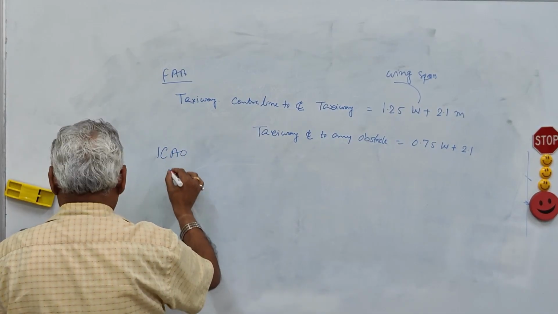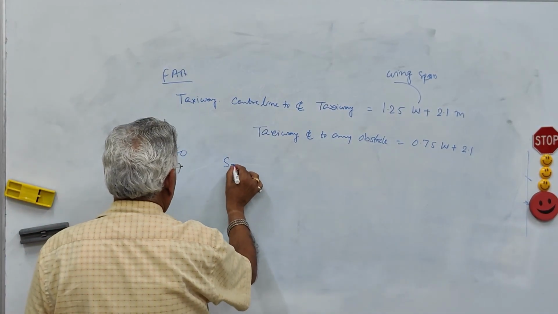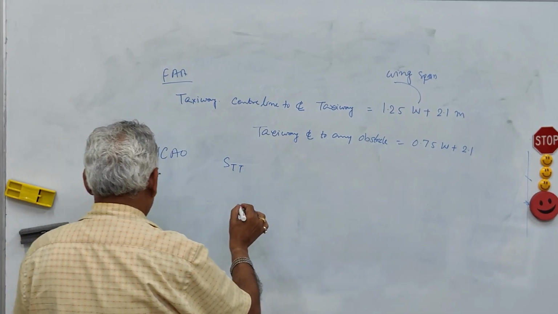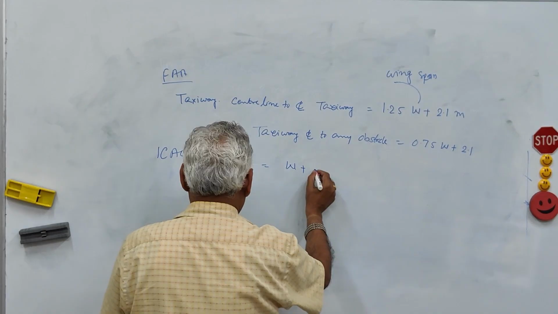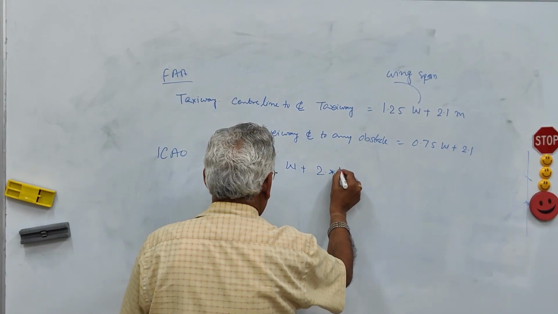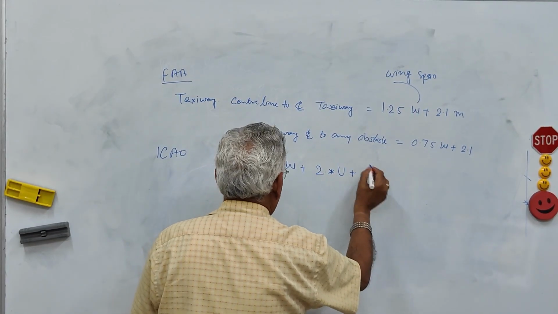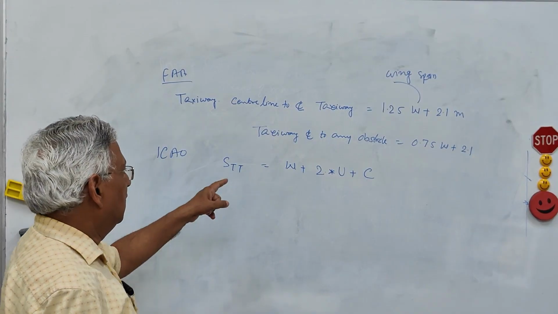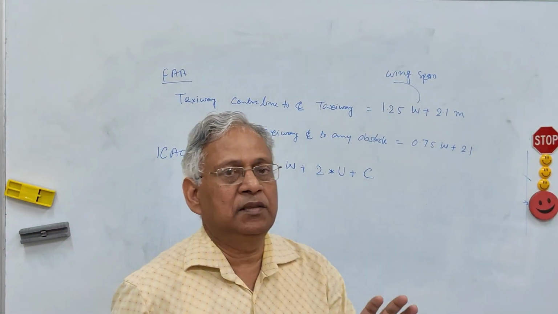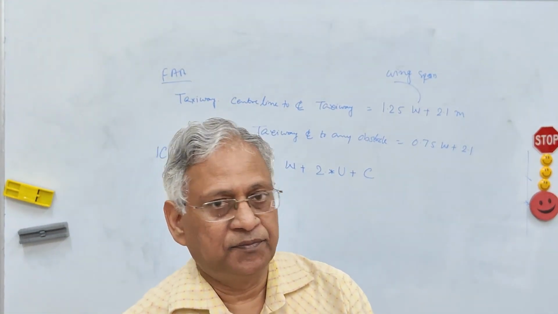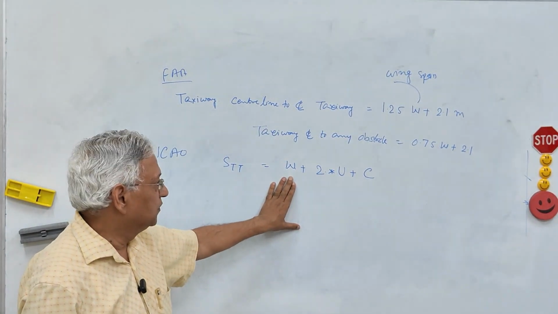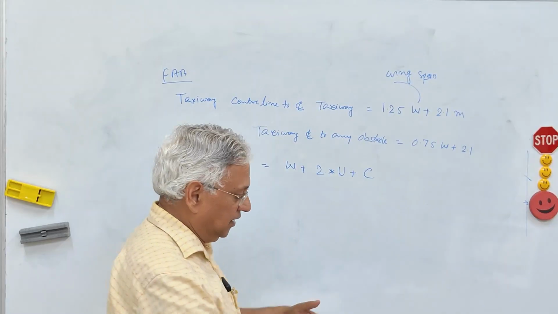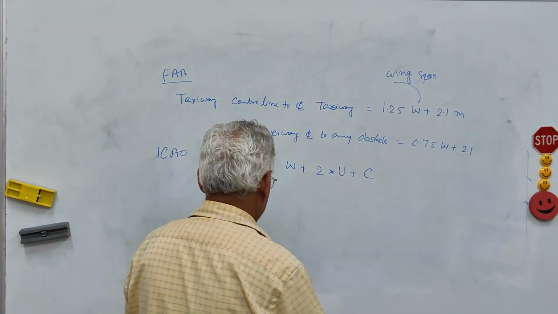ICAO says that this distance between two parallel taxiways should be minimum W plus 2 times U plus C. That is the minimum distance between two parallel taxiways. W again, wingspan in meter. U is called the safety margin, taxiway safety margin.